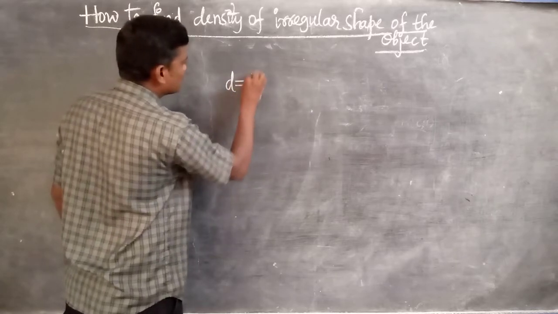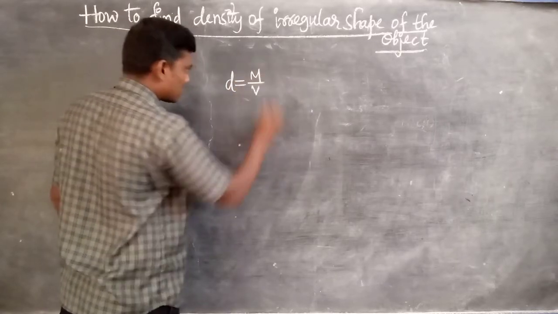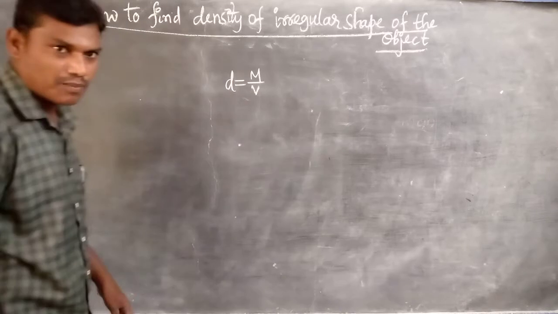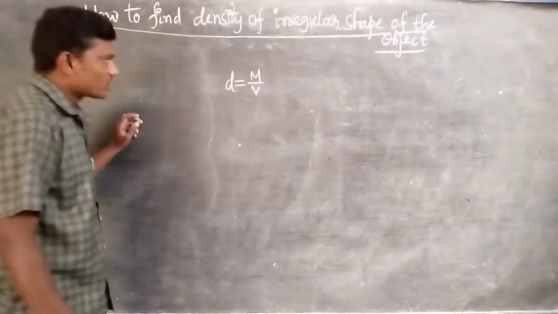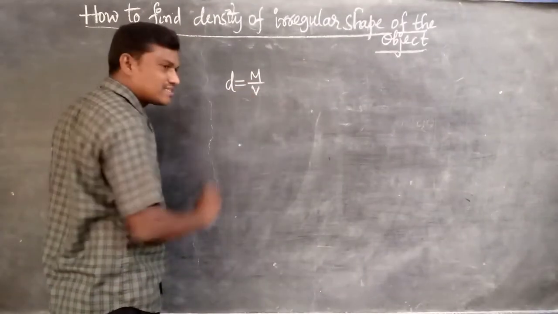D is equal to mass upon volume, where M is the mass and V is the volume.